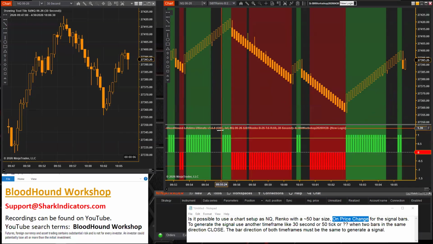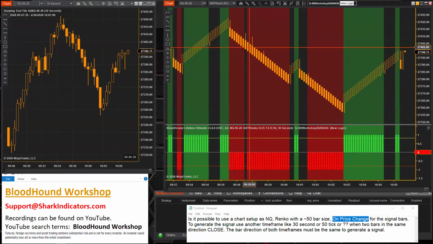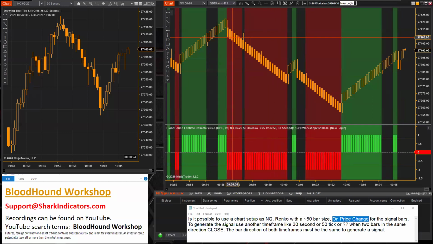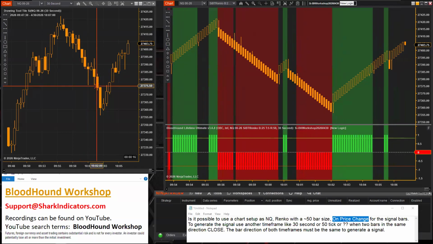It says on bar close. So let's go and change this. But also, what this does is it also shows us all the bars that have closed, where the Renko down bars here synchronize with any 30-second bar that had closed down as well.